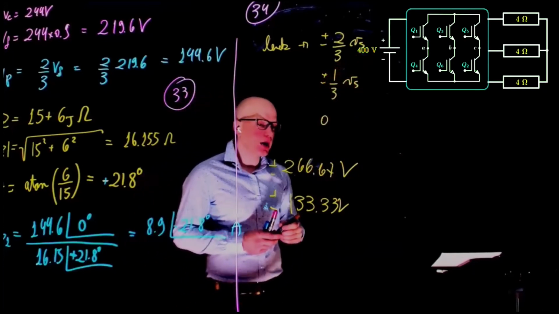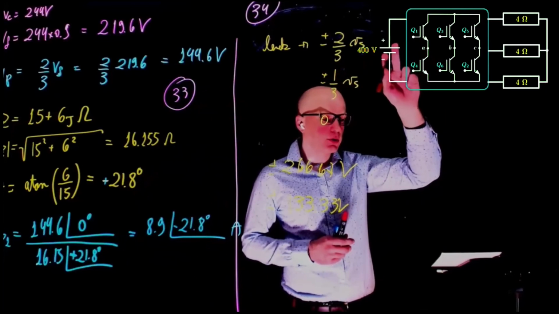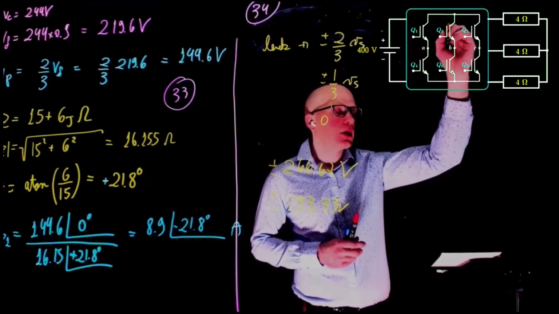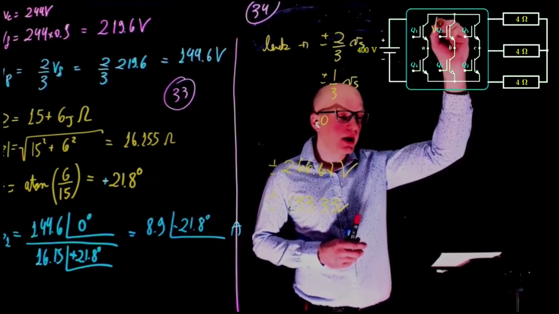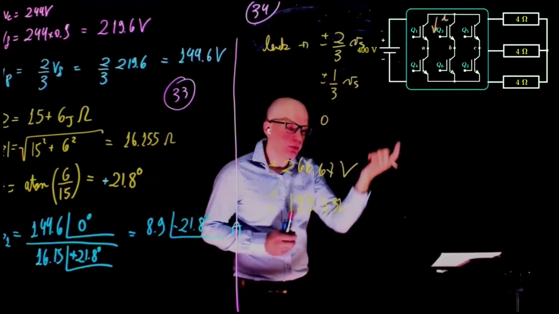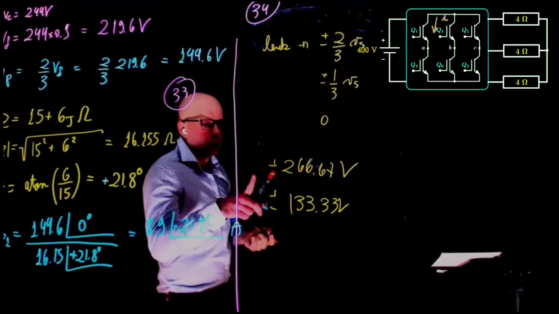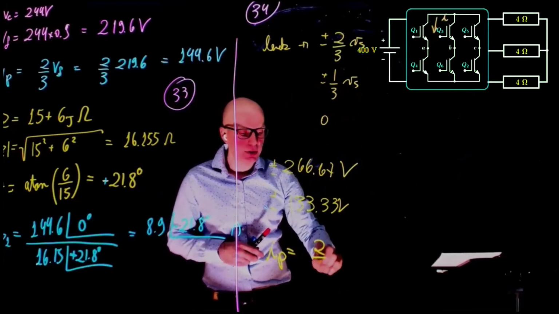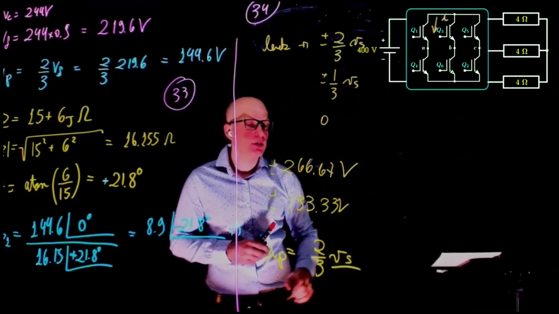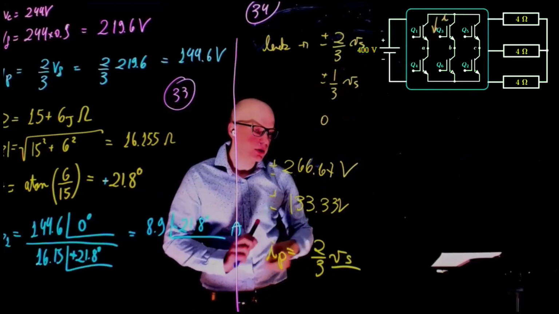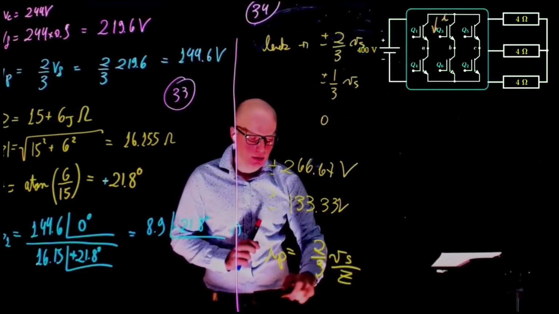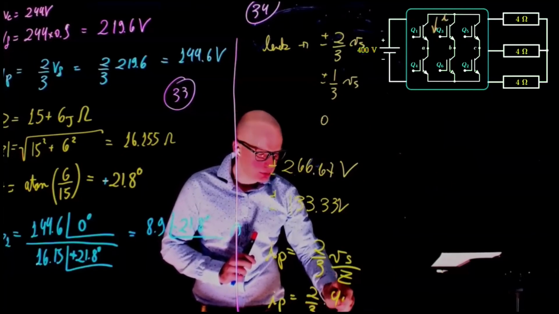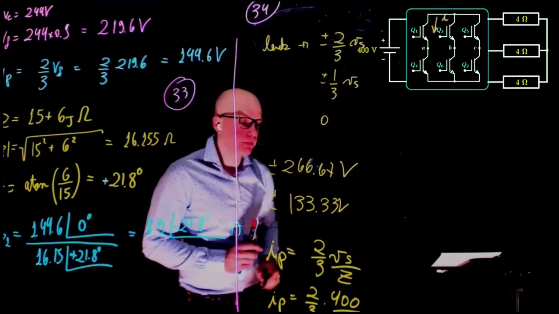And what is the peak current? Well, the peak current is the current that flows through one of the diodes or transistors, right? So let's say a current flowing through here, and this maximum current will occur when you apply the maximum level of voltage through that branch of the load. So the peak current is going to be 2/3 of Vs divided by the impedance Z. So the peak current is 2/3 of 400 divided by 4.